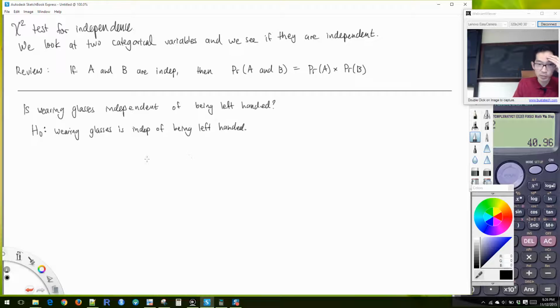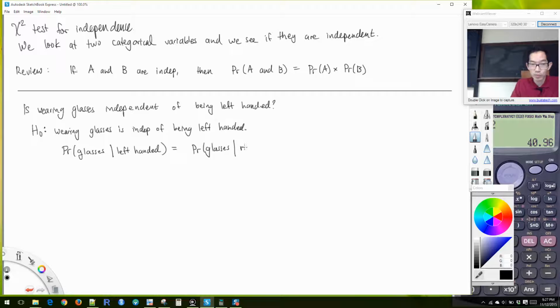Or symbolically, we could write the probability of wearing glasses given left-handed is equal to the probability of wearing glasses, period. There's a few ways we could write this.